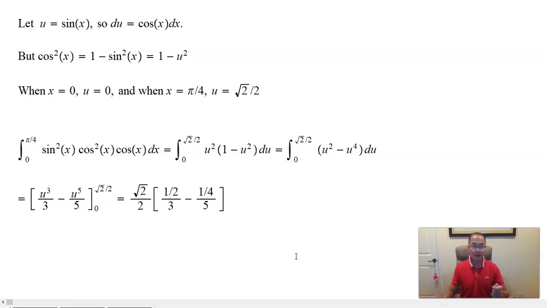Isn't that a lot nicer than cubing radical 2 over 2 or raising it to the 5th power? Little tricks that I like to do that makes life a little bit nicer to look at. 1/2 divided by 3 is 1/6, and 1/4 over 5 is 1 over 20.